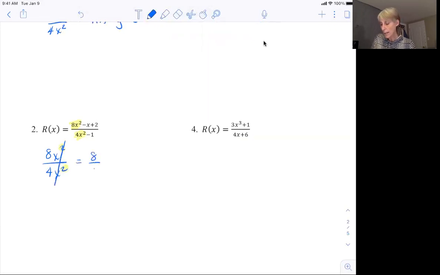And you're going to be left with 8 over 4. So no matter how big the number gets, your answer is going to sort of settle at 2. So this is a horizontal asymptote. And the equation of that line is y equals 2. And we should always write horizontal asymptotes and vertical asymptotes as equations of lines.